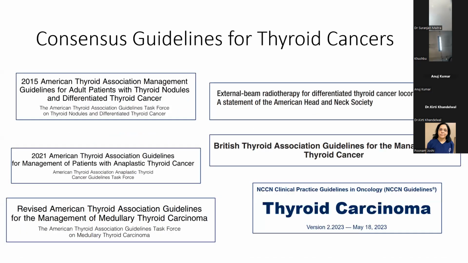So that is why it is important to know some of the important consensus guidelines that have come for thyroid cancers, which will be the main focus of my talk today. I will be discussing some of the important recommendations that have come from various places, including the American Thyroid Association, British Thyroid Association, NCCN, etc. The main consensus guidelines I'll be talking about are the 2015 ATA, then the 2021 ATA for anaplastic thyroid cancer, 2015 for the differentiated ones, then the medullary thyroid cancer guidelines again by the ATA, which were revised in 2015.